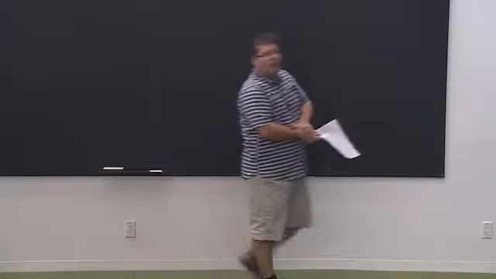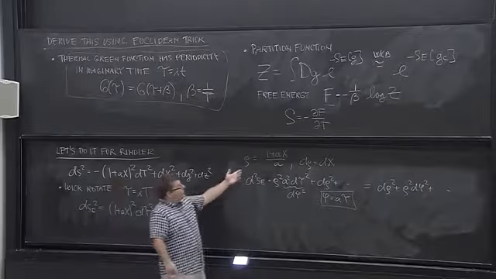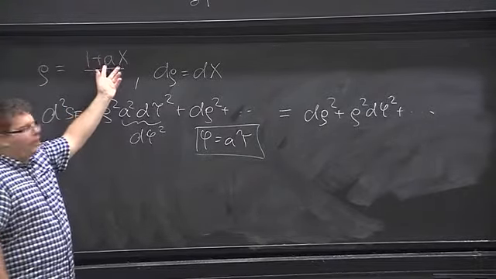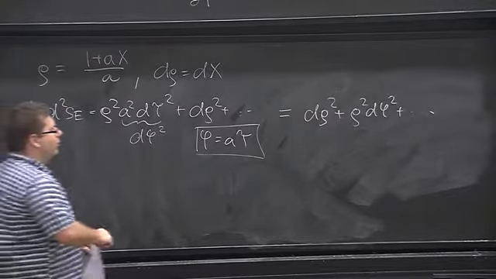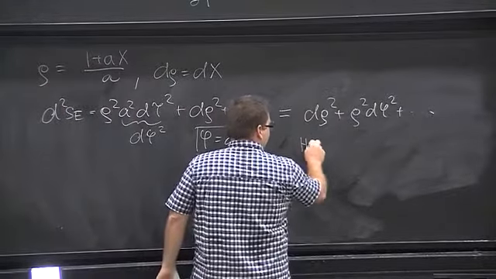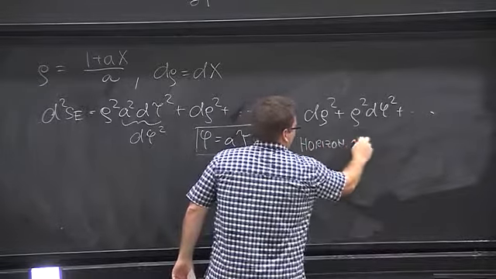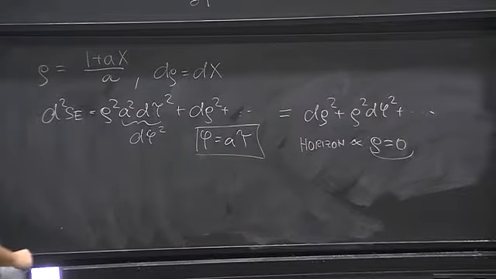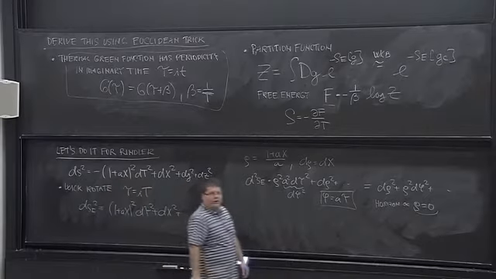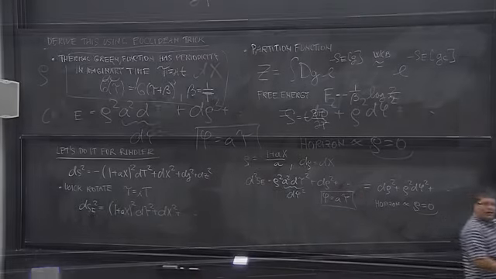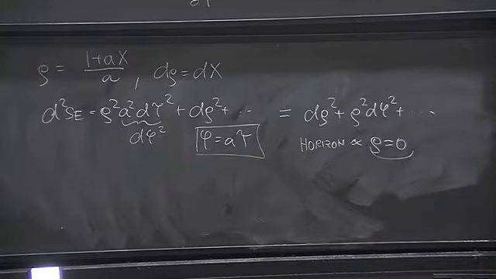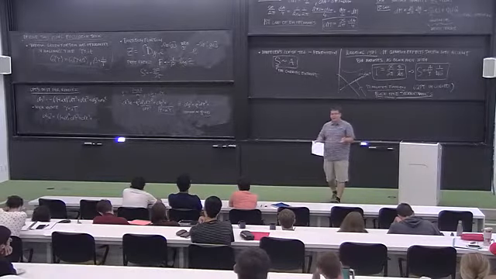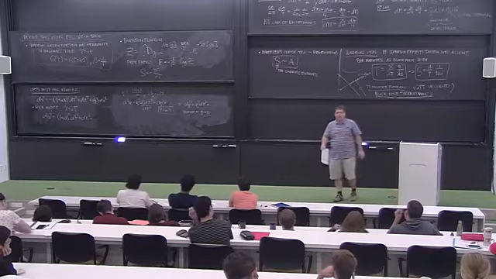By the way, notice that the Rindler horizon, which is located at x equal to minus 1 over a, corresponds to rho equal to 0. But we know that in the Lorentzian metric the Rindler horizon is not singular. The horizon was just a coordinate singularity; the spacetime was not singular there at all.